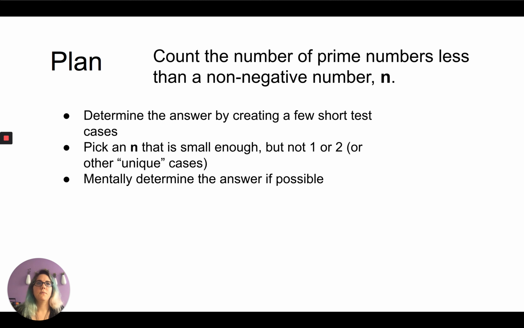So you may know that under 10 there are 4 prime numbers, 2, 3, 5, and 7. And so if you already know that there's 4 prime numbers below 10, you could pick 10 as an n. And then, if you know that there's, I think, 8 under 20, if you already know what the answer is, then you can check to see that your plan actually does what you want your plan to do.